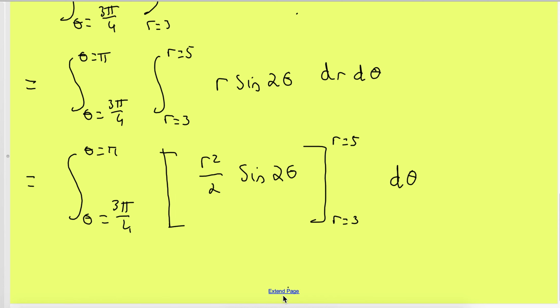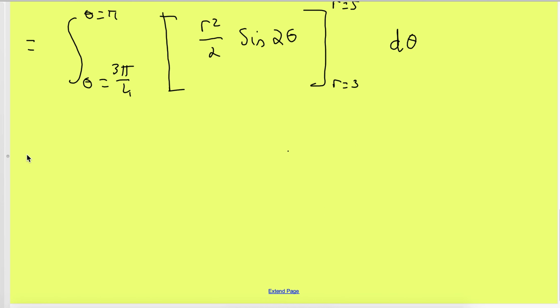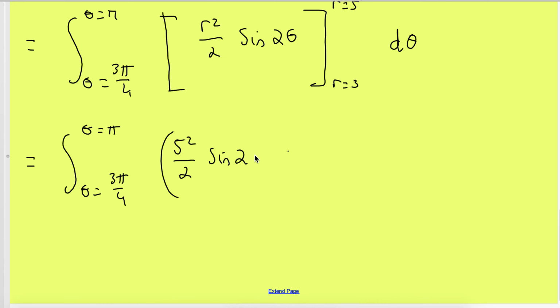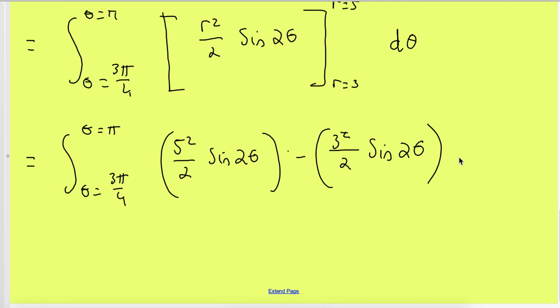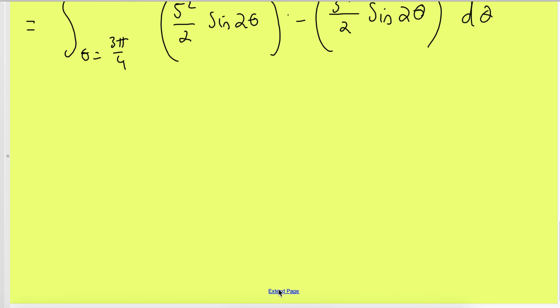So let's substitute in our limits. Of 5 squared over 2 sine 2 theta, take away 3 squared over 2 sine 2 theta, d theta. Type that into your calculator.